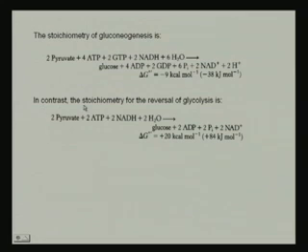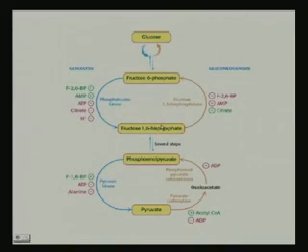In contrast, the stoichiometry of the simple reversal of glycolysis is a thermodynamically unfavorable reaction, where delta G is positive 84 kilojoule per mole. So, here also pyruvate is converted to glucose. These are some of the differences between gluconeogenesis and the glycolytic process.